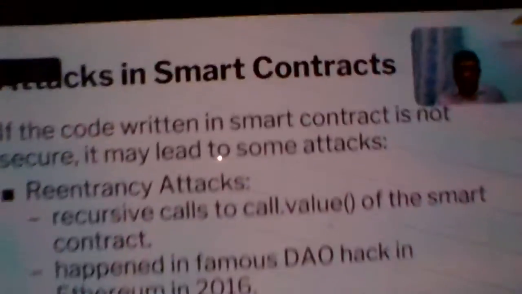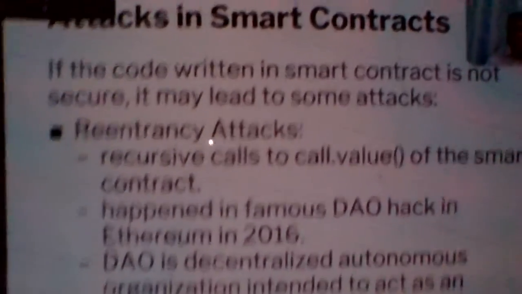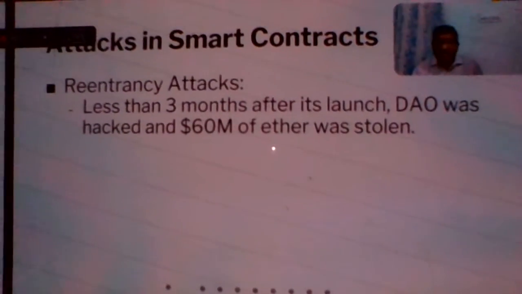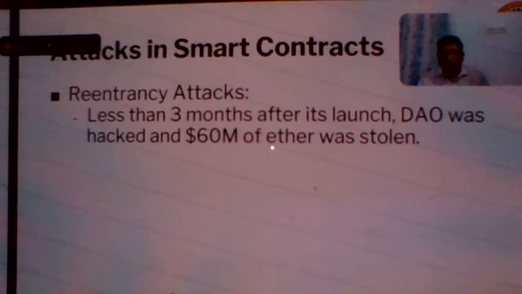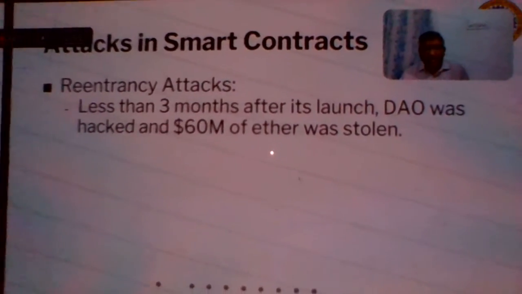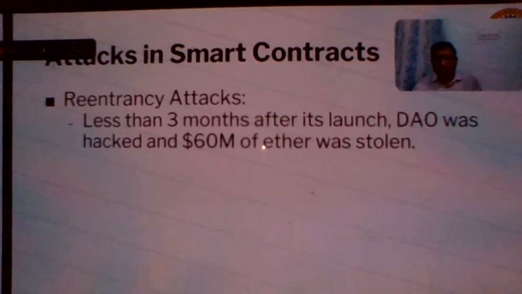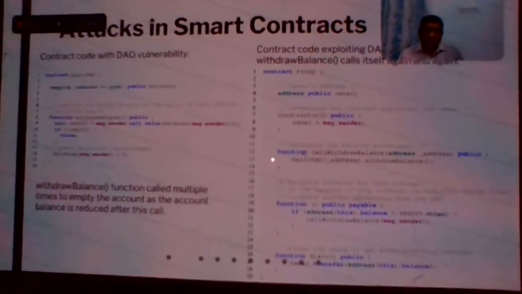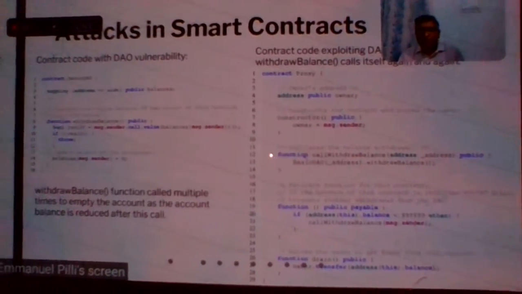In less than 3 months, the decentralized autonomous organization was hacked, and $60 million of Ether was stolen. So this is the kind of code. Maybe you would have written some codes.